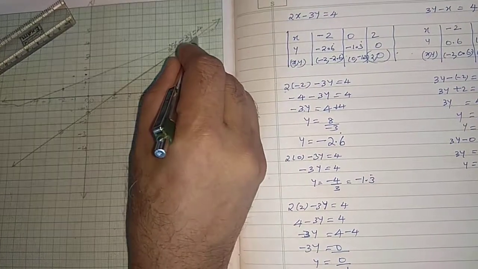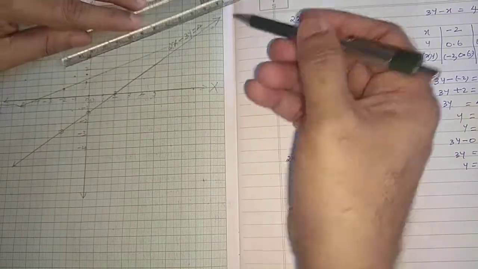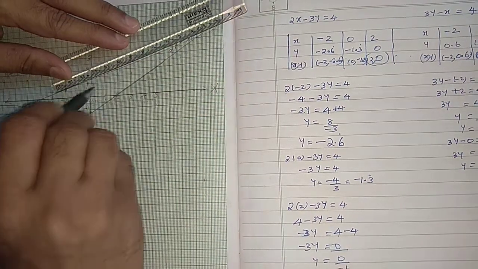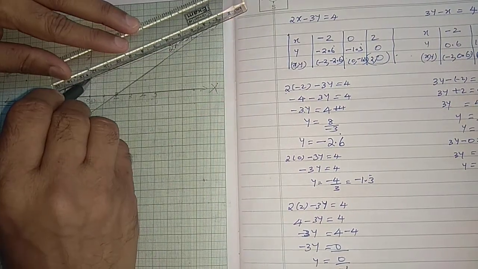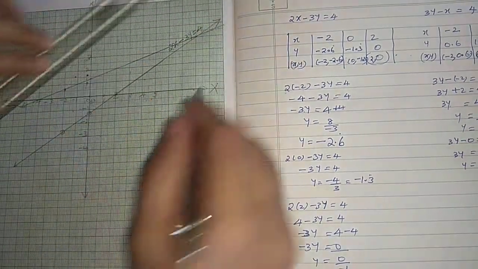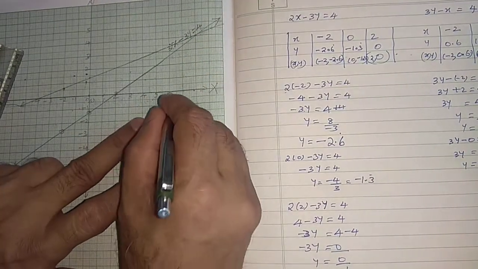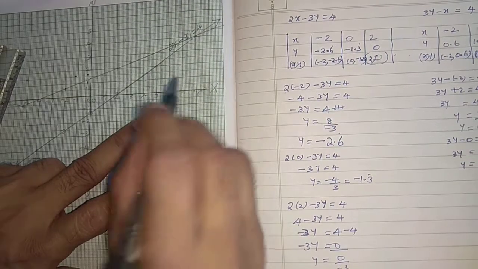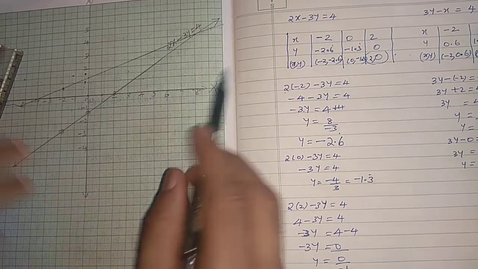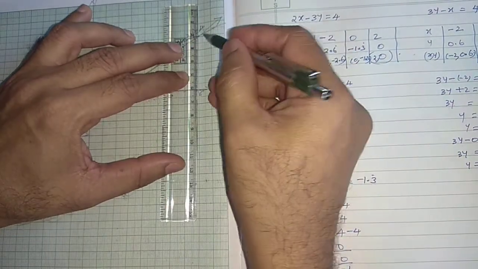It is meeting here somewhere. The two straight lines are intersecting here. This is a meeting point. Here 4, 5, 6, 7, 8. x is here 1, 2, 3, 4, 5, 6, 7, 8. Because from this point we project downwards to x-axis to get the value.